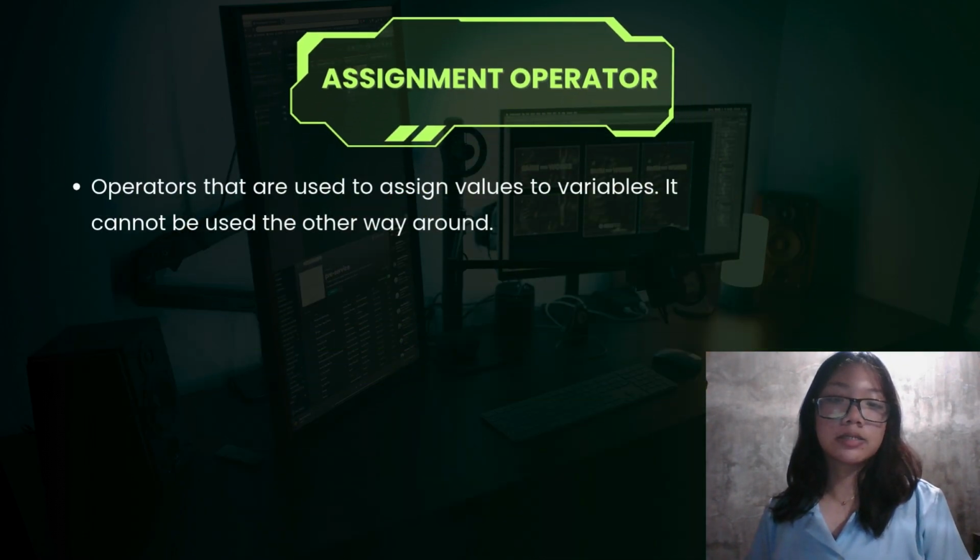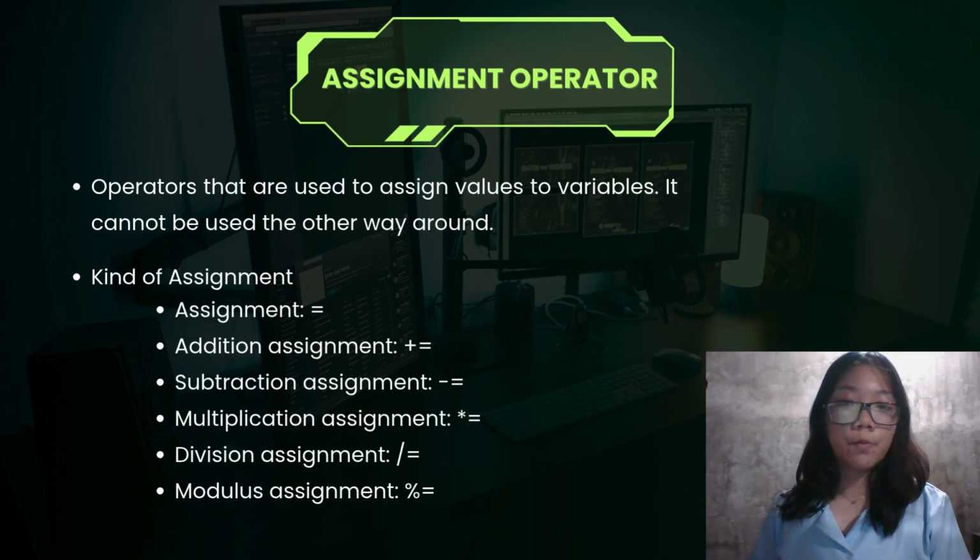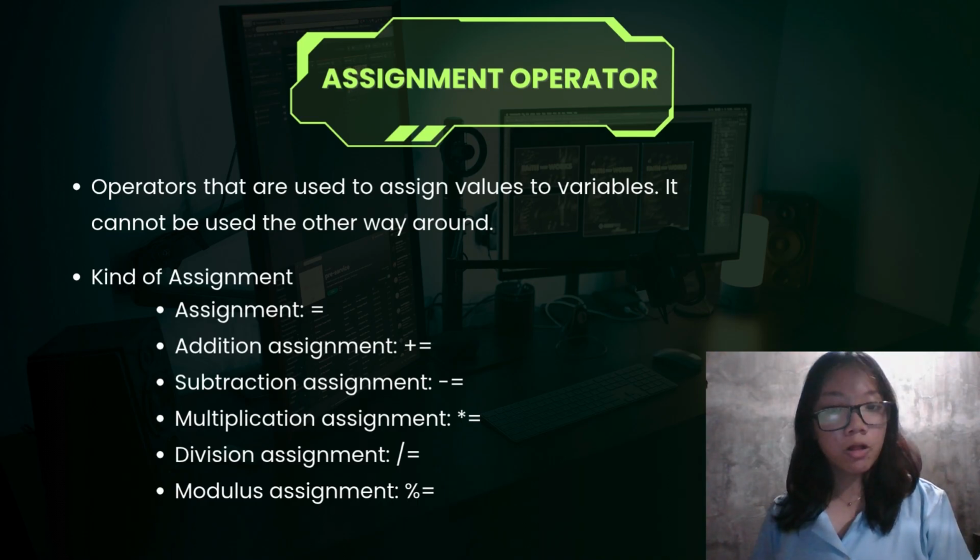Assignment operators are symbols used in Java to store or assign values to variables. They always place the value on the right side into the variable on the left side, and it cannot be done the other way around. There are different kinds of assignment operators. The most basic form is the equal operator, which simply assigns a value. Java also provides shortcut forms called compound assignments, which combine a mathematical operation with assignment.